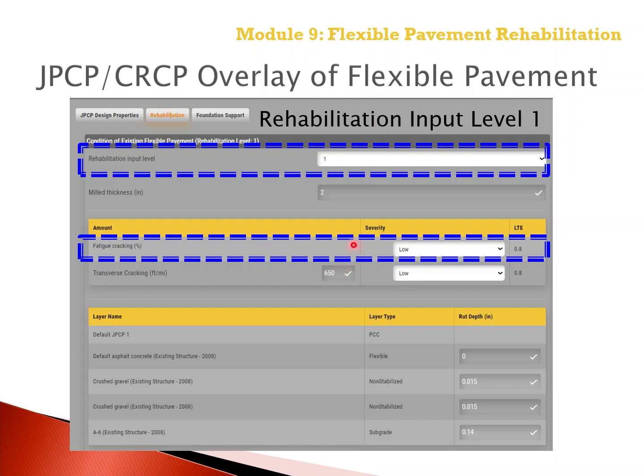So if you have a flexible pavement that has a lot of damage, a lot of cracking, then the layer modulus of the asphalt layer is going to be reduced, and so that will affect the critical pavement responses for designing a JPC or CRC overlay.